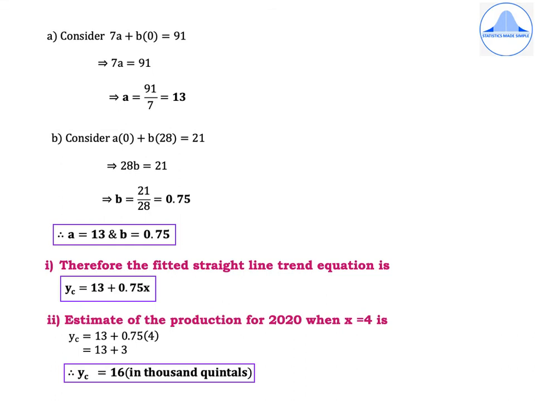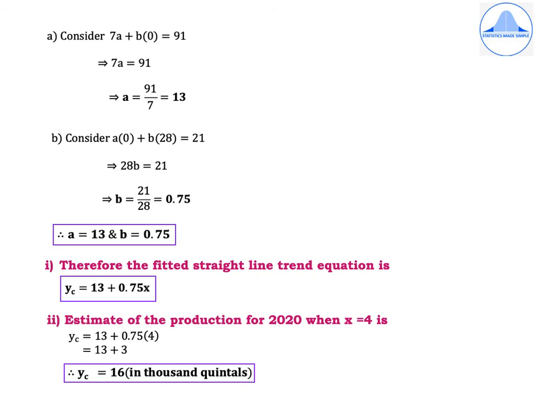Now in the second subdivision, we have to find out the production for the year 2020. So if you observe the table for the year 2012, the x value is 0. For 2014 it is 1, for 2016 it is 2, 2018 it is 3.